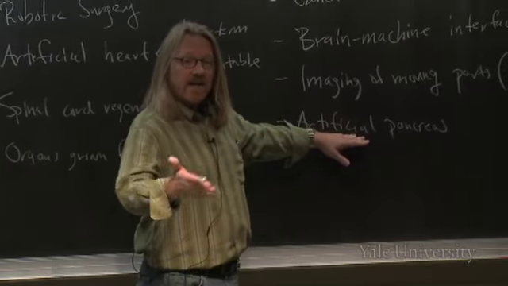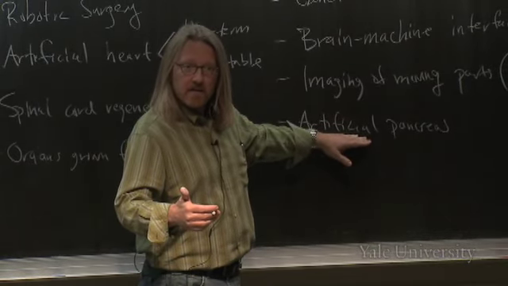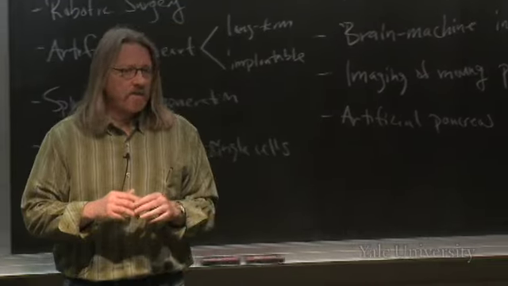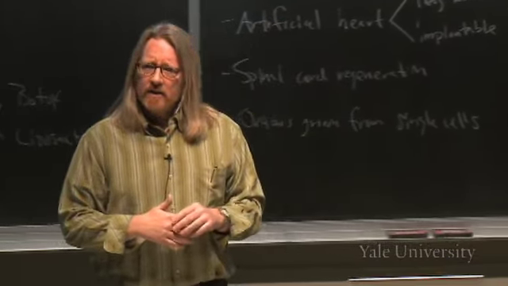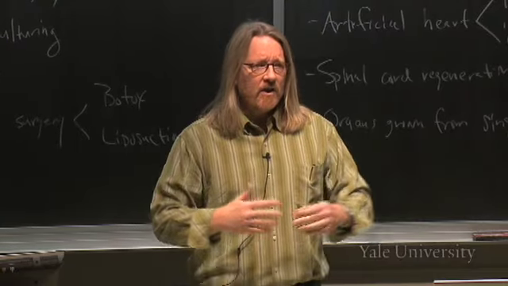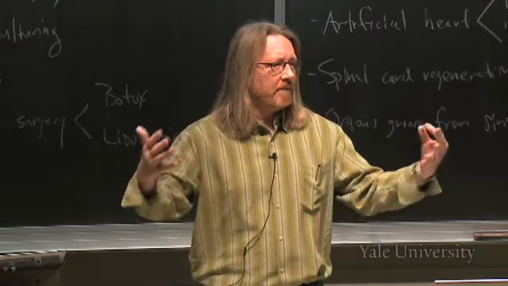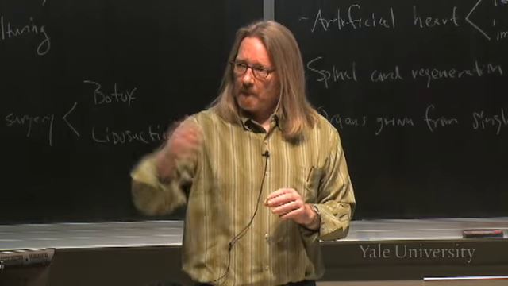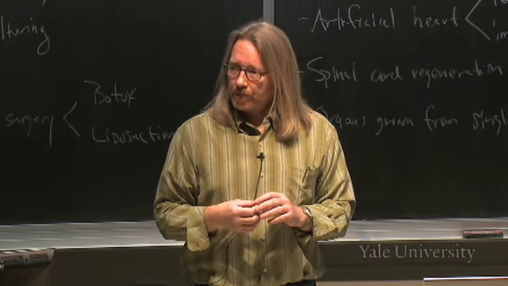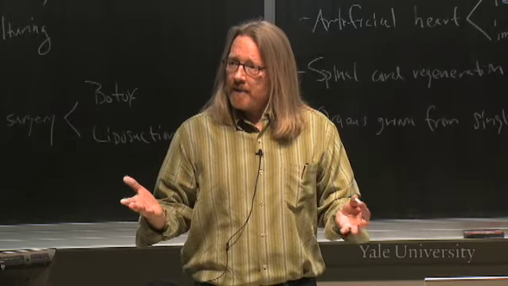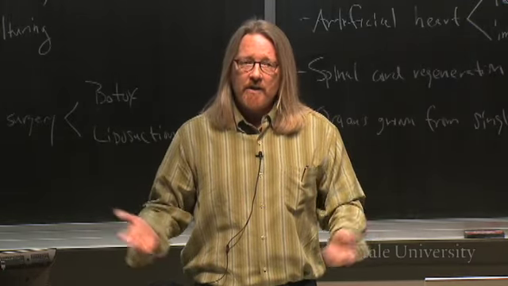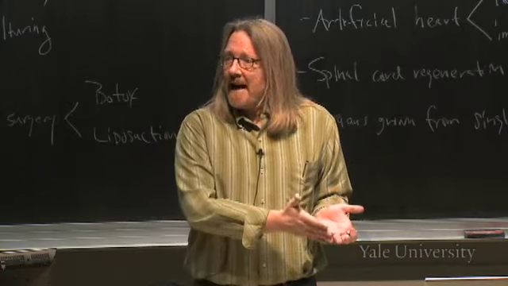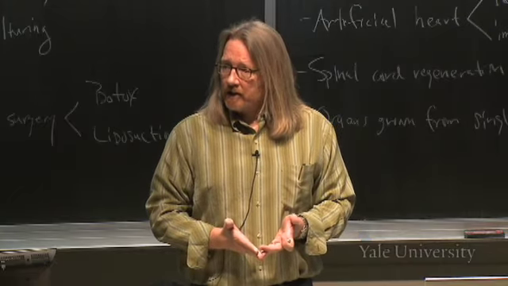Now, why isn't that done? Why doesn't that already work, do you think? What are the engineering problems to overcome to get that to work? The same problem as with organ transplantation: the recipient has to be matched to the donor.